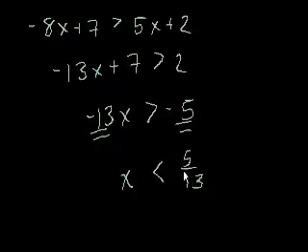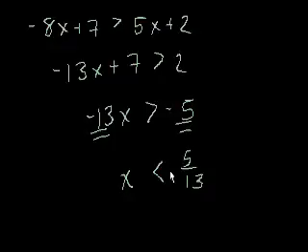And once again, just like the beginning, if you don't believe me, try out some numbers. I remember when I first learned this, I didn't believe the teacher, so I did try out numbers, and that's how I got convinced that it actually works. When you multiply or divide both sides of this equation by a negative number, you swap the inequality. And remember, that's only when you multiply or divide, not when you add or subtract. I think that should give you a good idea of how to do these problems.